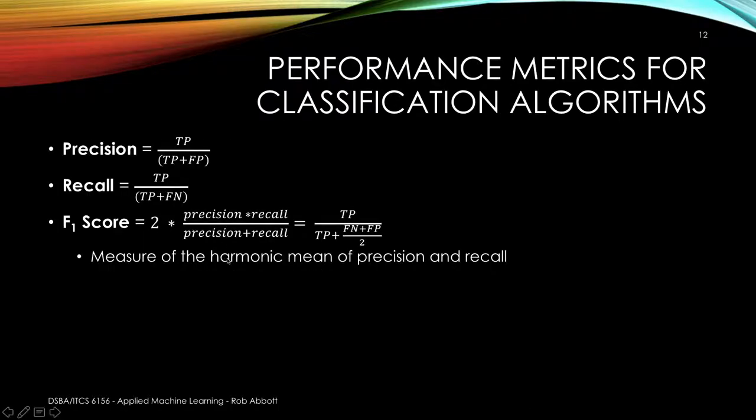Okay, let's try this again. So this is my number of true positives plus the number of false negatives plus the number of false positives divided by 2. So why is this divided by 2? What we're doing here is looking for this mean or this average.